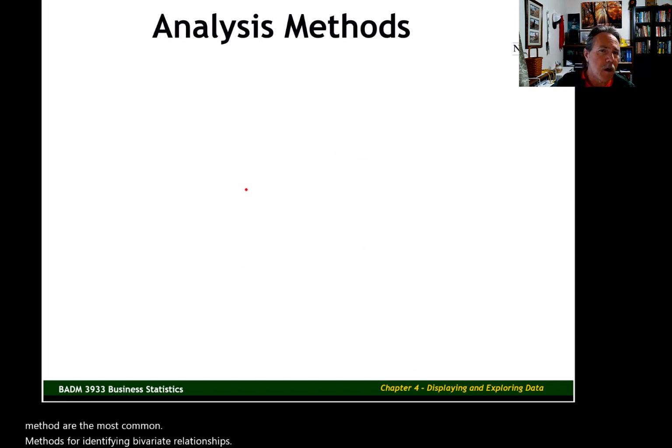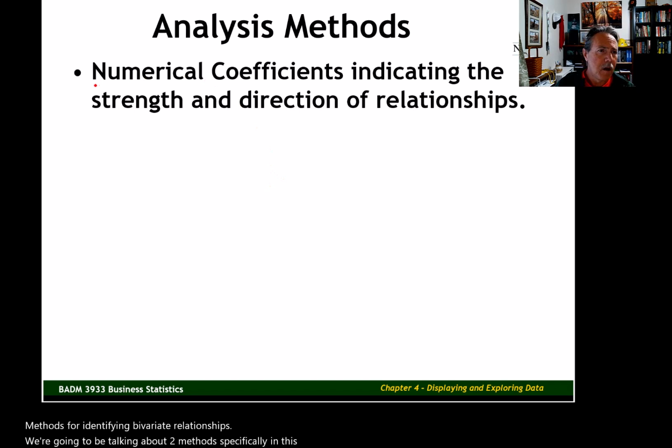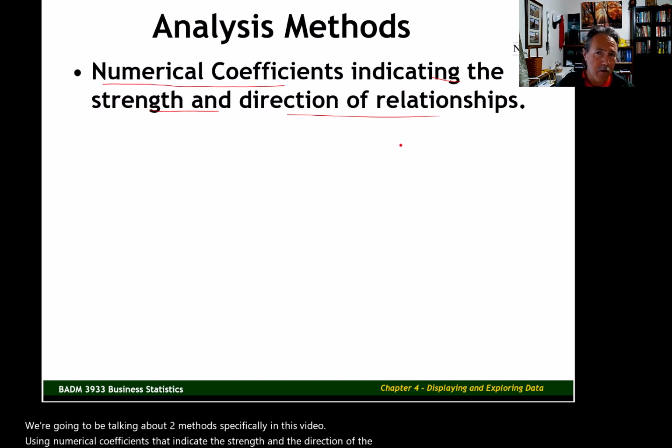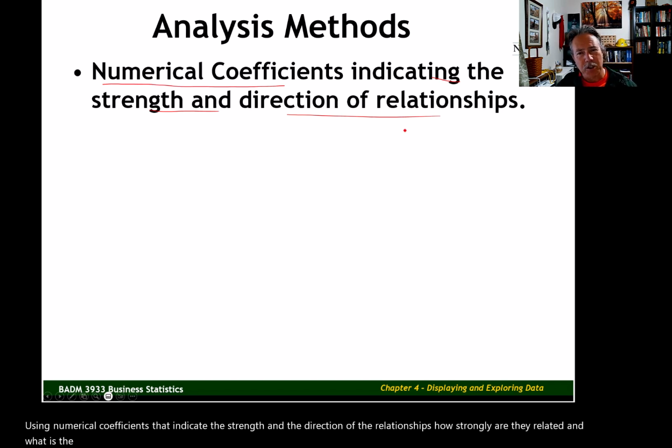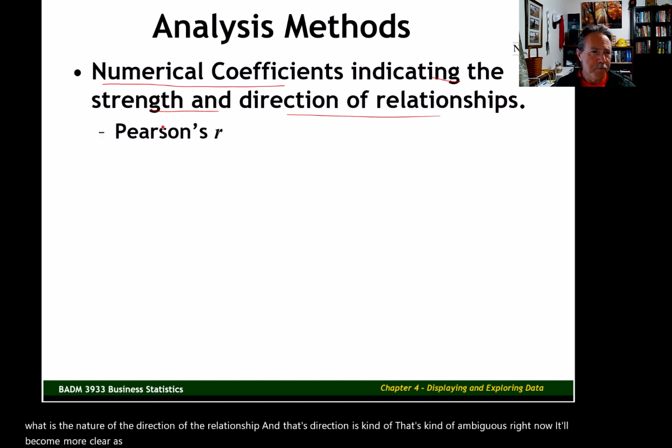We're going to be talking about two methods specifically in this video, using numerical coefficients that indicate the strength and the direction of the relationships. How strongly are they related, and what is the nature, the direction of the relationship? And direction is kind of ambiguous right now. It'll become more clear as we move along.